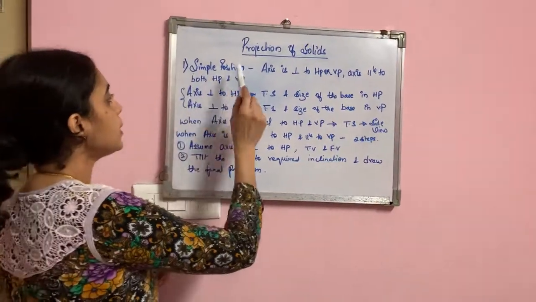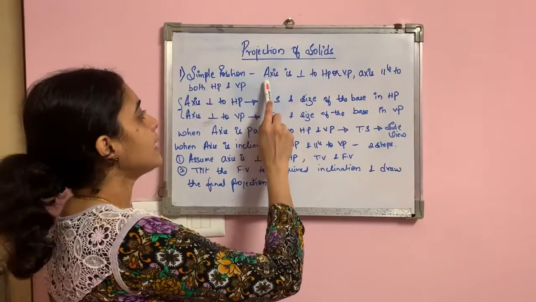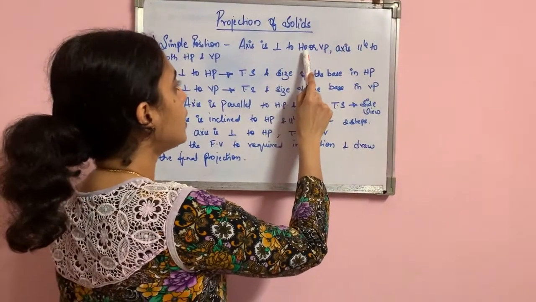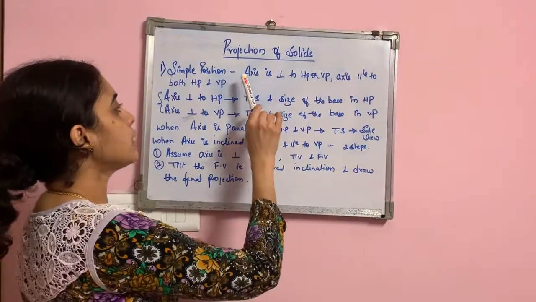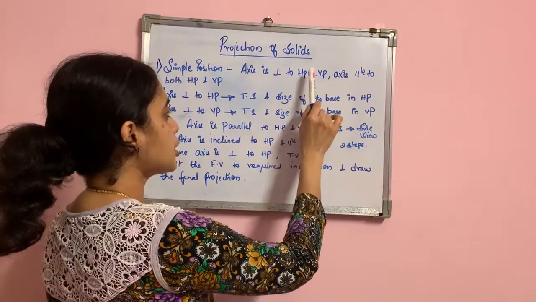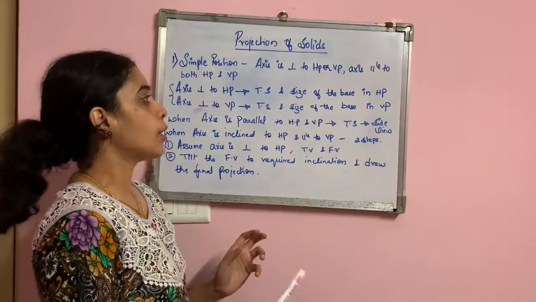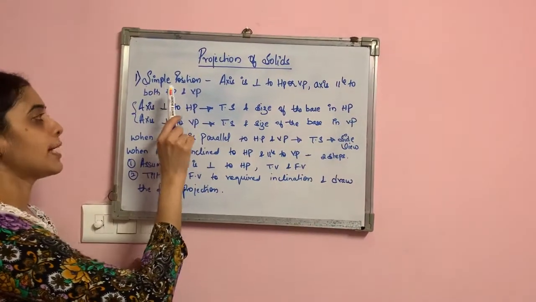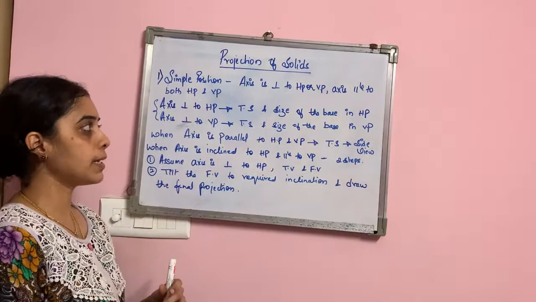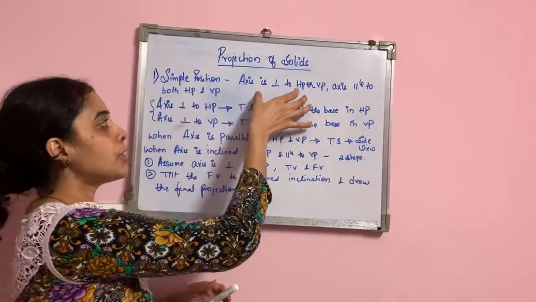So the first simple position is that the axis could be perpendicular to HP or VP. Whenever it is told the axis is perpendicular to HP or VP, we always assume that the axis will be parallel to both HP as well as VP. But it won't come into picture together.